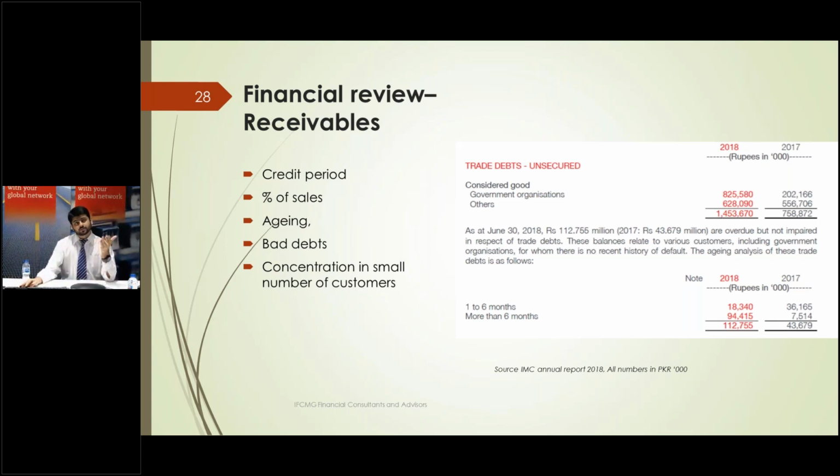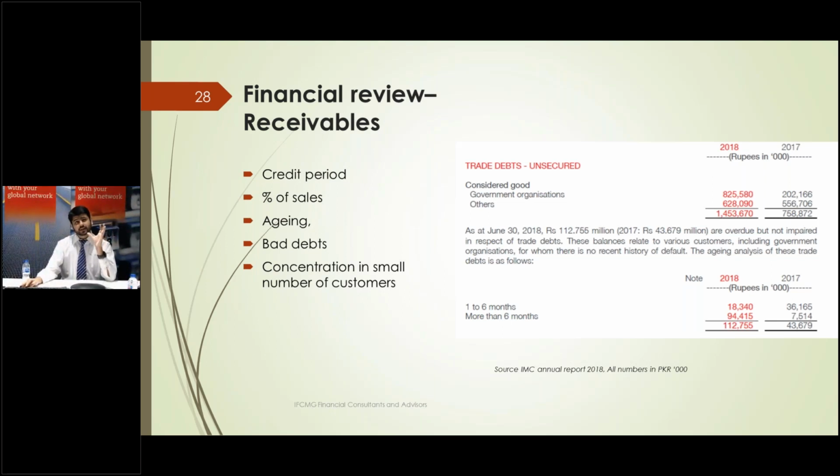Then, as a percentage of sales, how much of our sales is driven by credit terms? That is very important to reconsider, whether our business model is driven primarily through credit sales or through cash sales.